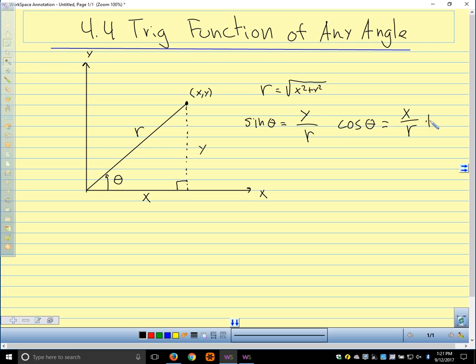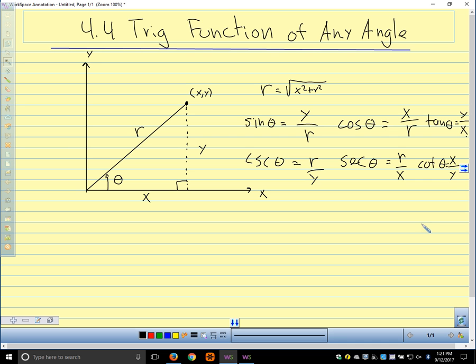And tangent theta, y over x. And then we have our reciprocal functions. Cosecant theta would be r over y. Secant theta is r over x. And cotangent theta is x over y.